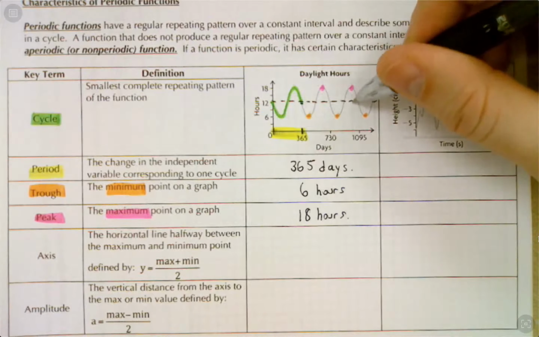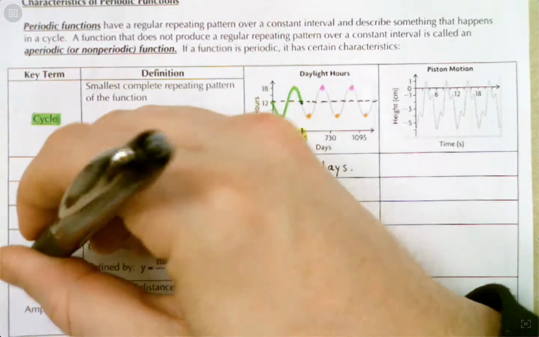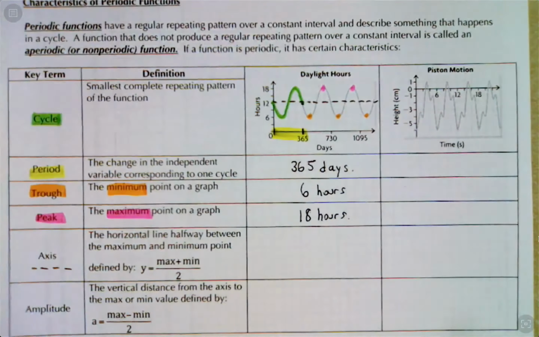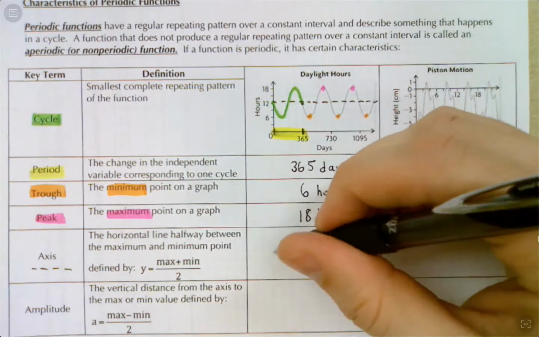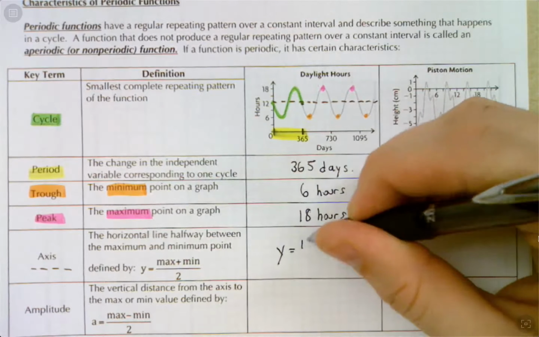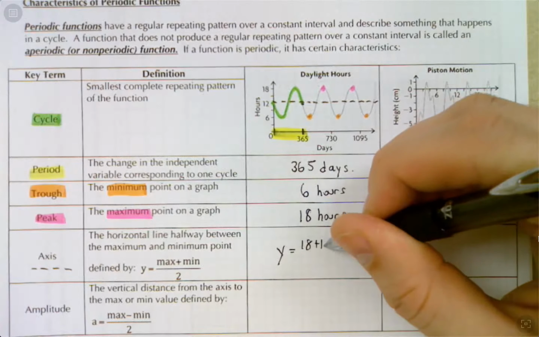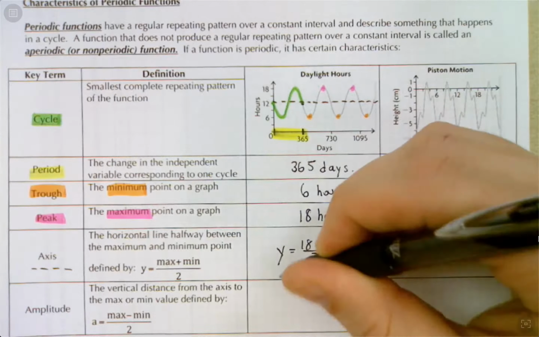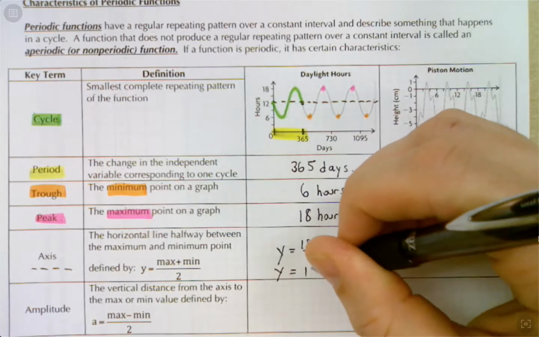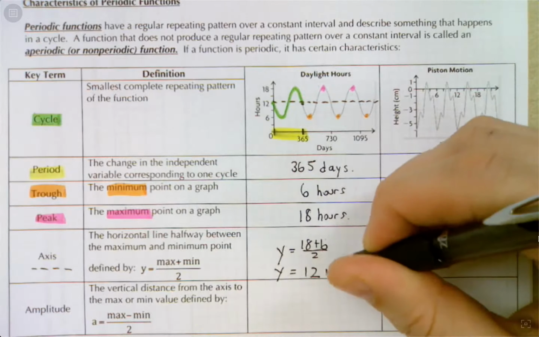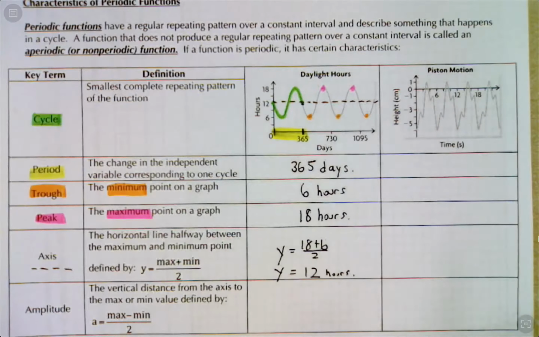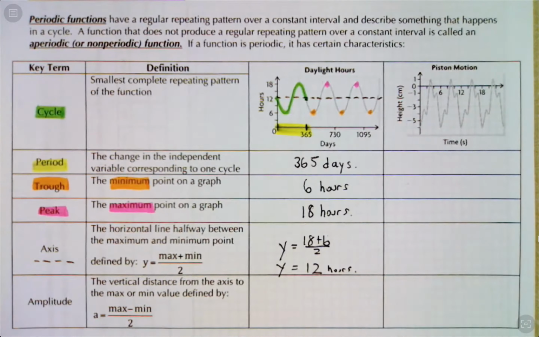It goes right between the peak and the trough. So here's the axis. It's y equals, math, 18 plus 6 divided by 2. It's 12. And it's hours.